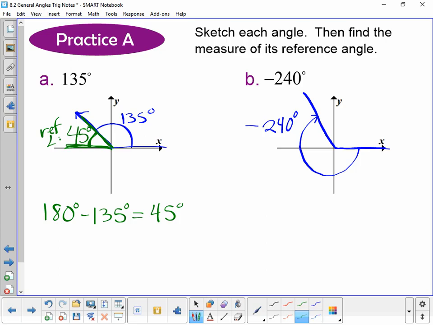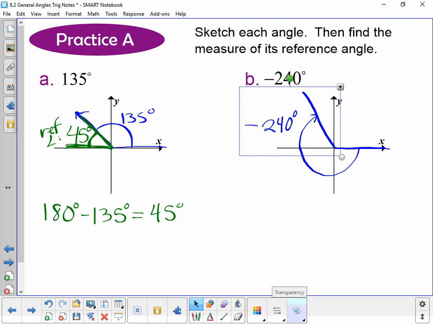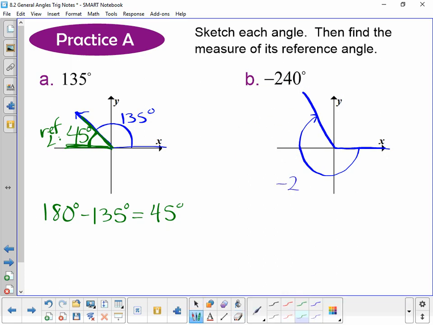So to find the reference angle, I'm going to move that negative 240 because it's kind of in an awkward spot. The reference angle will be between the terminal side and the x-axis. So our reference angle will be this one shown in green. Well, this portion of it was a 180 degree rotation.